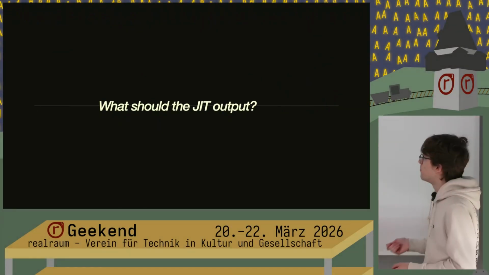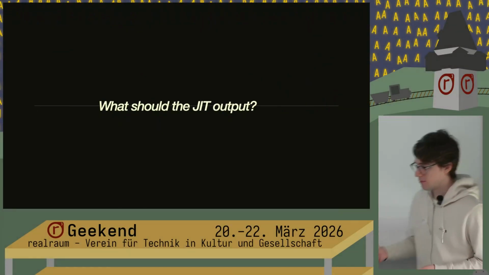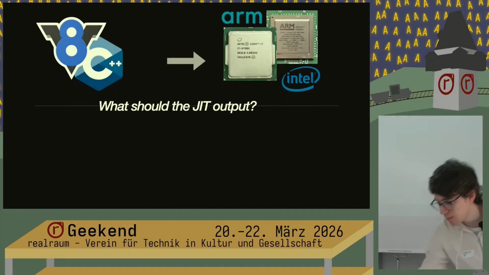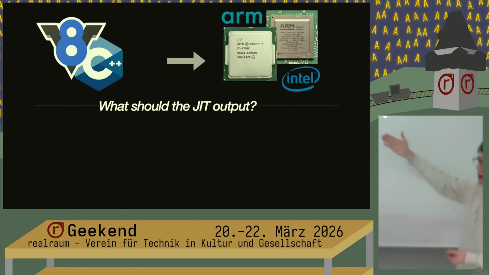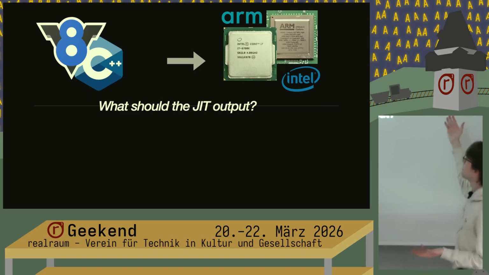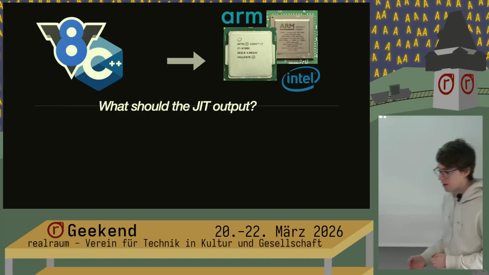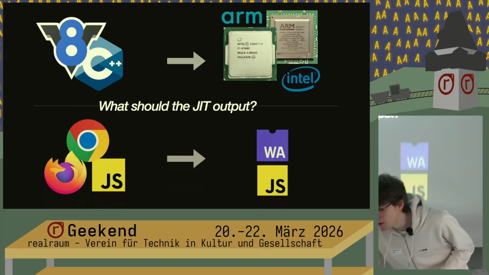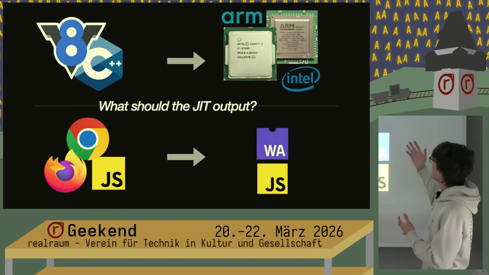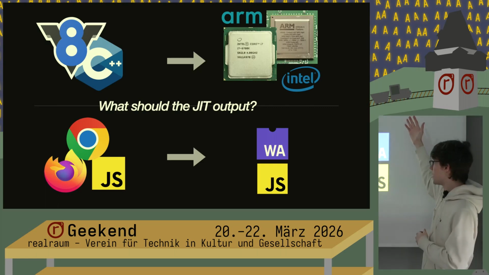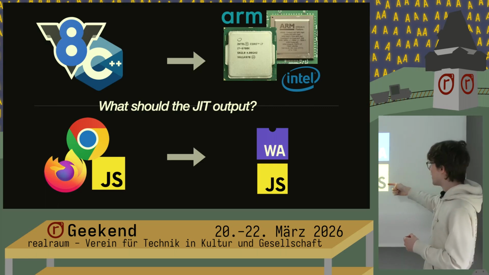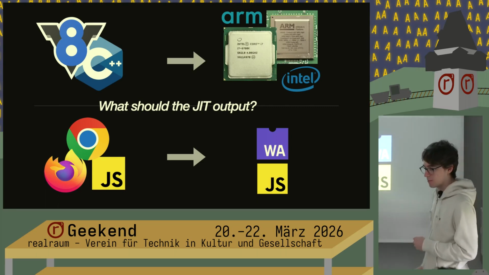But if you are in a browser, what should the JIT output? Because if we are a native application, of course, we can emit ARM or x86 and execute it. But if we are in a browser, we cannot really execute a native program. But we can execute JavaScript and WebAssembly.